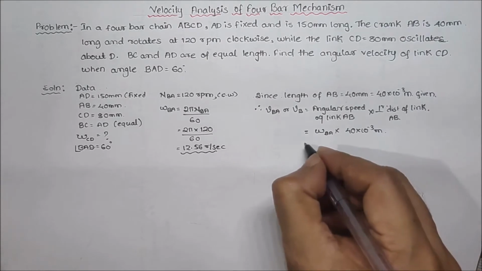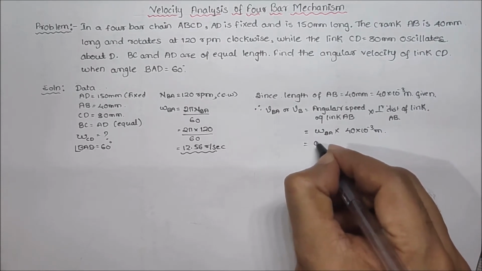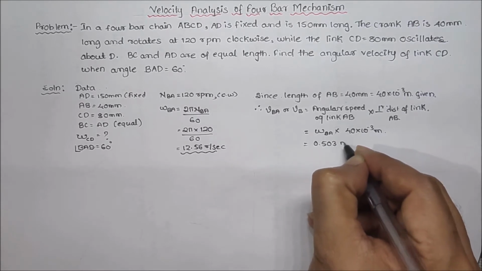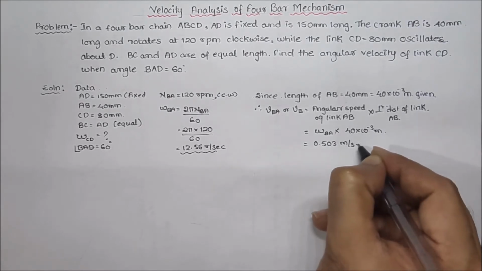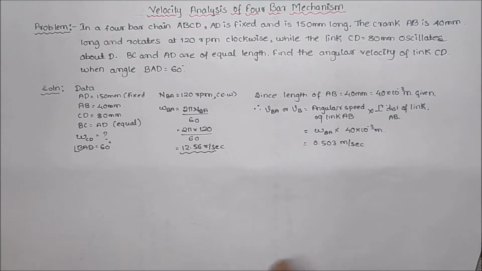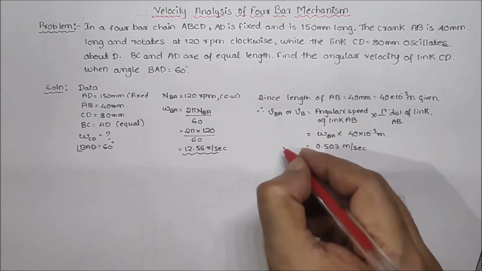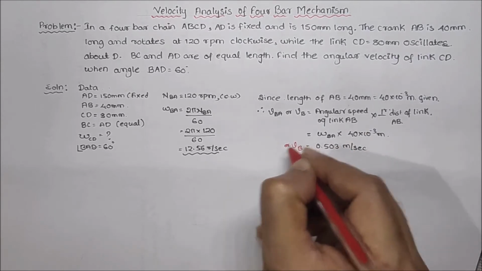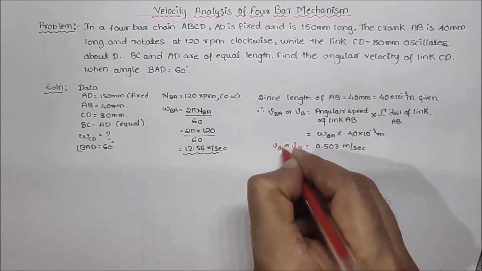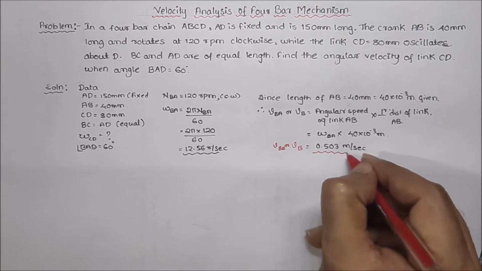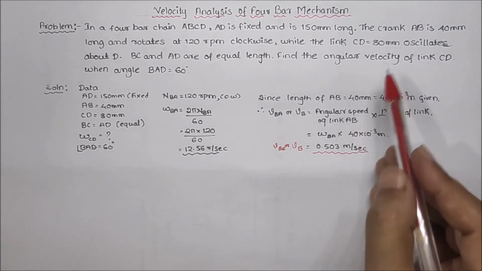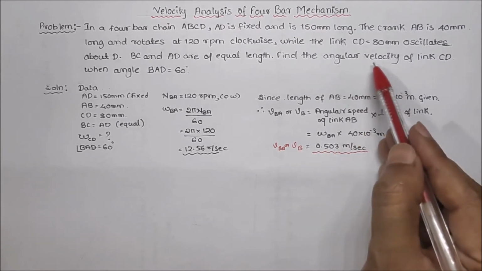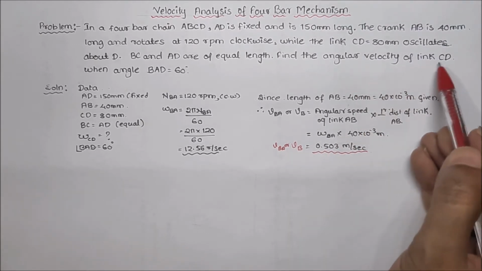So we'll be getting 0.503 meter per second. So this is velocity of B or velocity of BA. So this has to be remembered. So like this velocity of BA, you have to find out the angular velocity of CD.